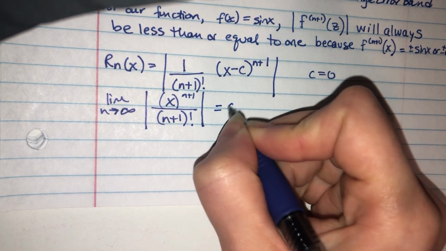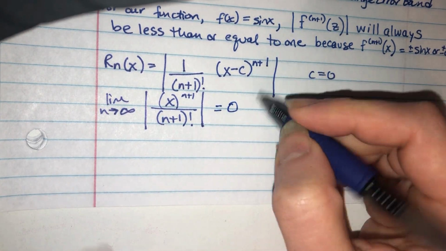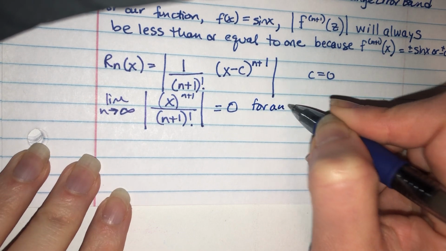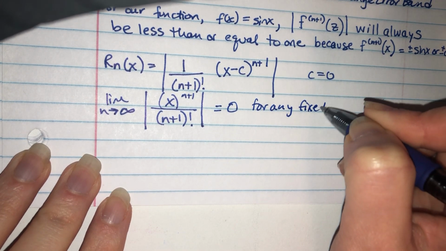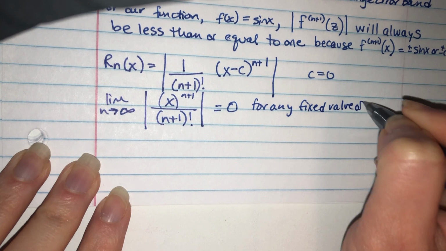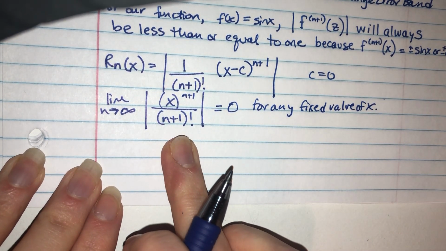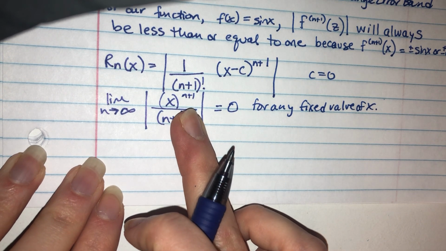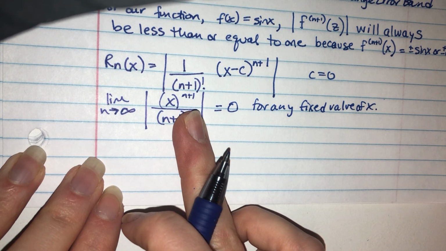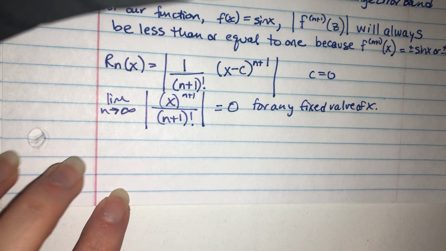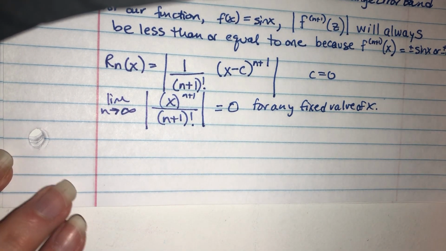This is going to approach 0 for any fixed value of x, because the factorial is growing more rapidly than the polynomial values that you see in the numerator.